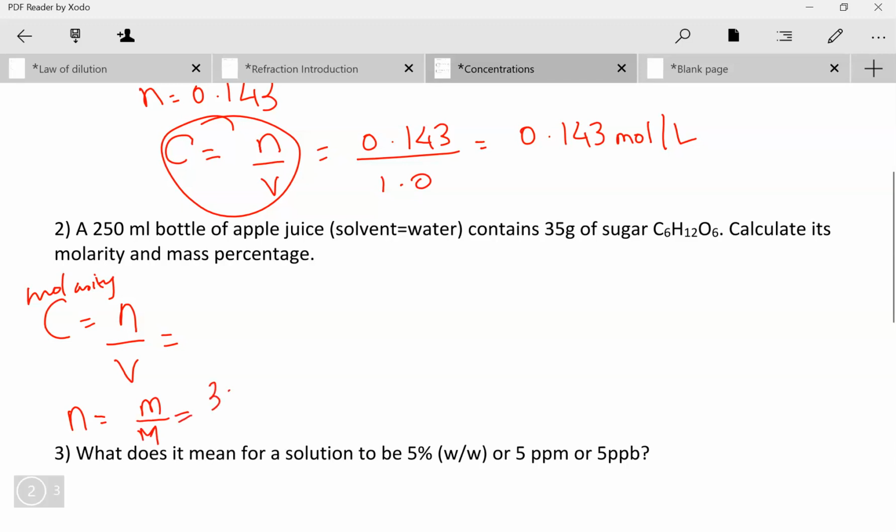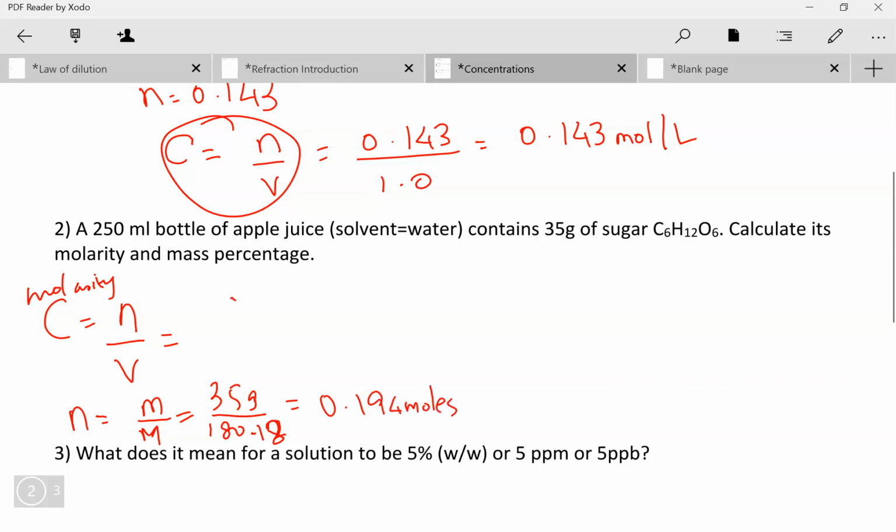So my mass equals 35 grams. I know molar mass of sugar is 180, I think. Let me just check that. Indeed, it's 180.12. Well, actually, it's 180.18. Whoops. And then I get my number of moles to be 35 divided by 180.18, which is 0.194 moles.